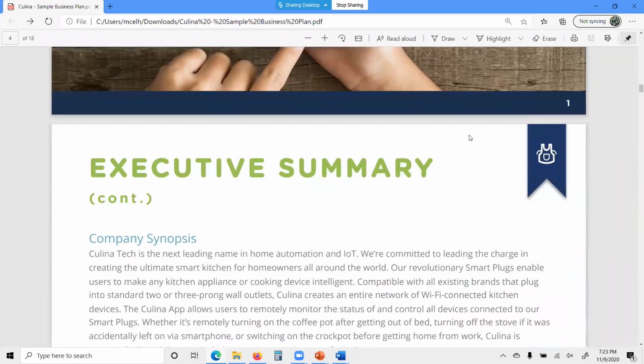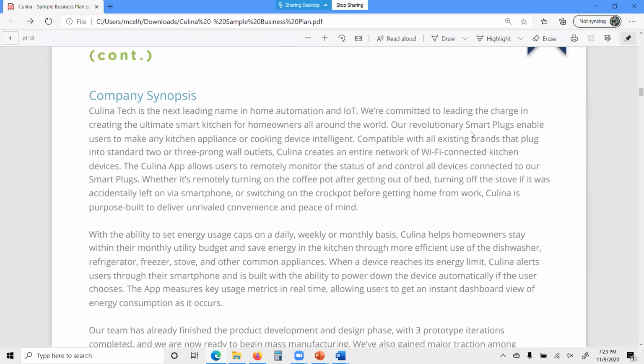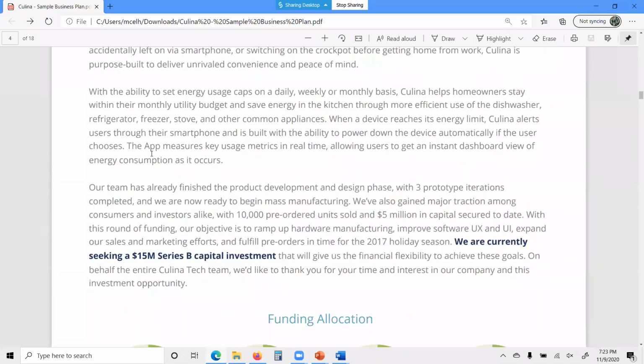Their plan was nice. So they had their executive summary and kind of what the company is all about, what the team has done. At this point, they were bold about putting that we are currently seeking $15 million Series B share capital investment in bold letters.